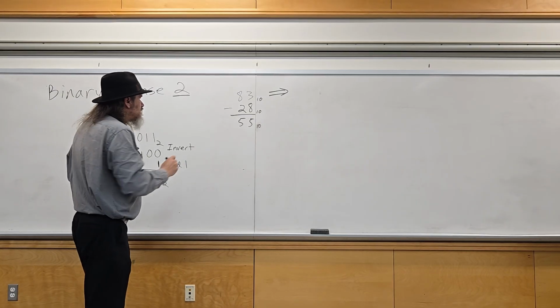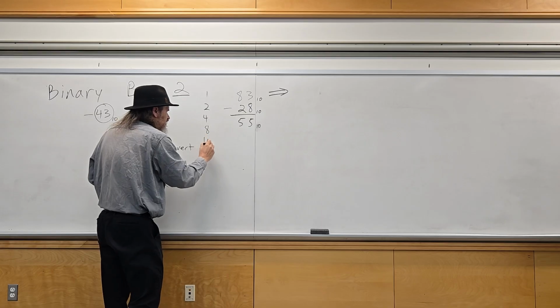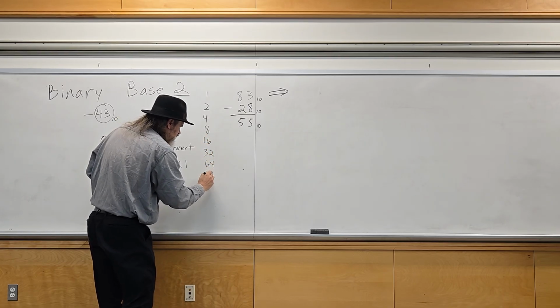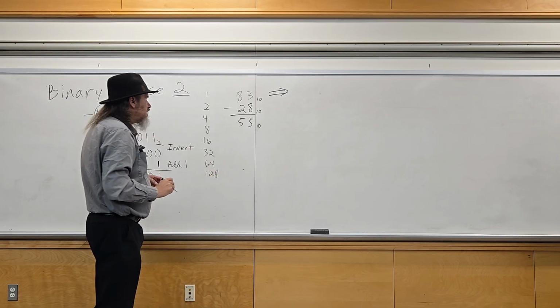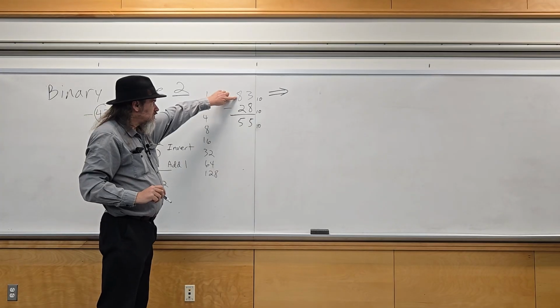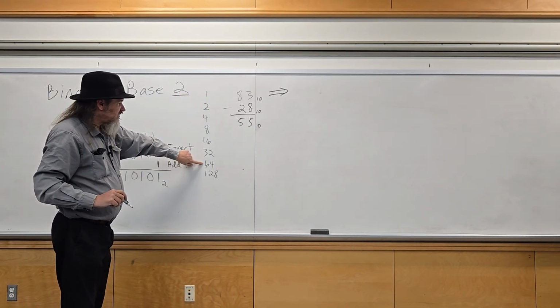So you got the 1, 2, 4, 8, 16, 32, 64, 128. 83. You can get a 64 out of it.